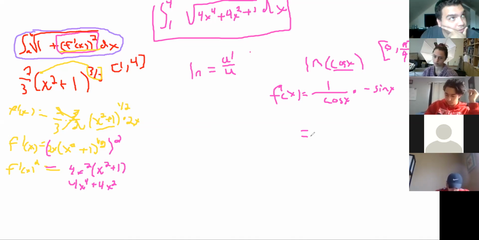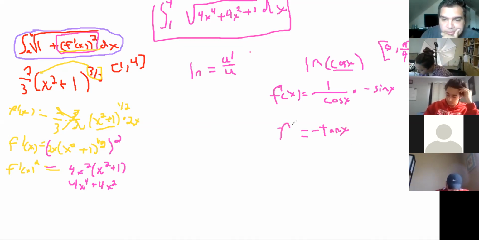Sine over cosine, that is not tangent, but cotangent, I believe. Or is that tangent? Somebody help me out. Is sine over cosine tangent or cotangent? Is it tangent? I think so. Y over x? Yeah, that makes sense. Okay, so that's negative tan x. Well, that's f of x.